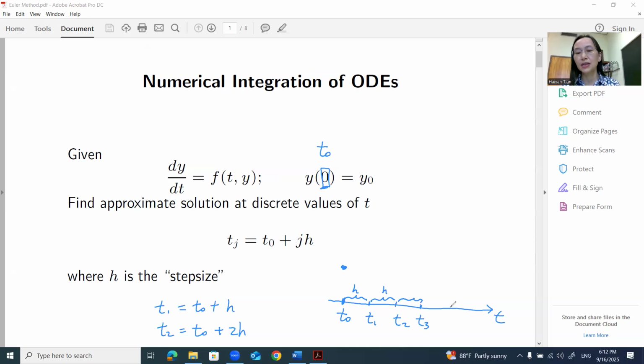So they're equally spaced. So this way we hope to be able to find a number of y values for each ti. So this is the sequence of t values, and we hope to find the approximate y value. Then that will be our approximate solution curve.